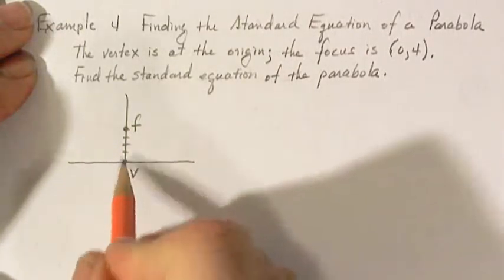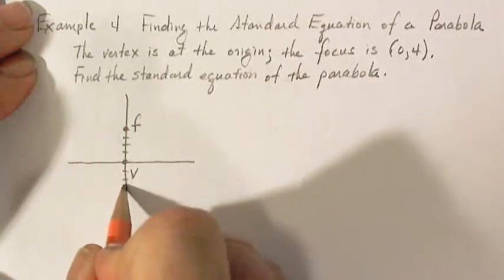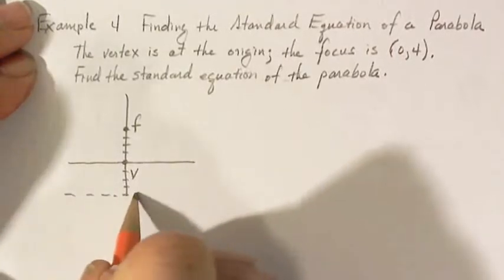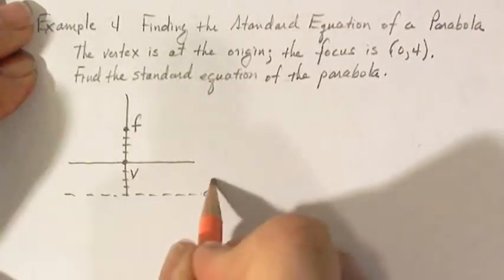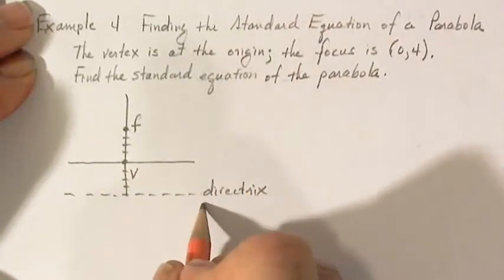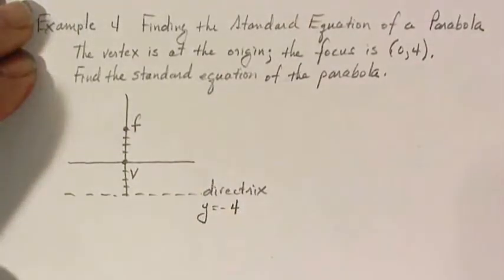So if it's in the middle and the focus is up here, then the directrix must be down here. So here's our dotted line, the directrix, and the directrix is located at y equals -4.